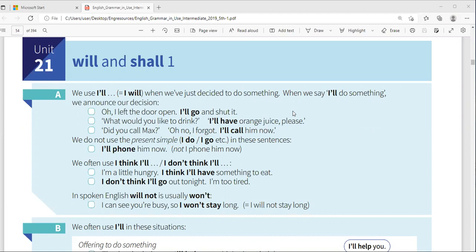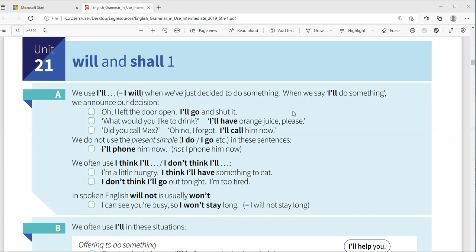Now for the present simple also, like she goes, I come, I stay here, I go there, I stay in this place. So you can still use present simple for the future. For example, we use it for timetables, programs. We did that last week.